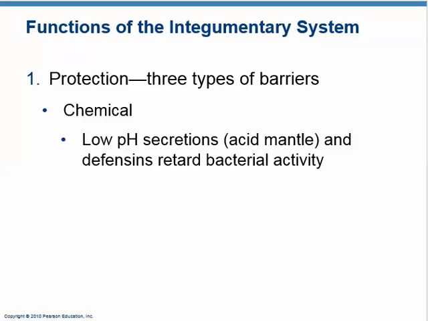So what does the integumentary system do for us? It keeps the inside in and the outside out, and it forms some barriers. We already talked about these barriers when we talked about the immune system, but it performs chemical barriers. Now this isn't keeping chemicals out. These are chemicals that are secreted by it that protect us, like the sebum. The fact that most of the secretions on the skin are acidic inhibits bacterial growth and that kind of thing.